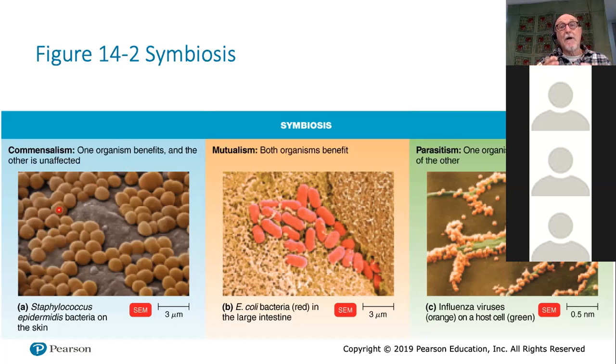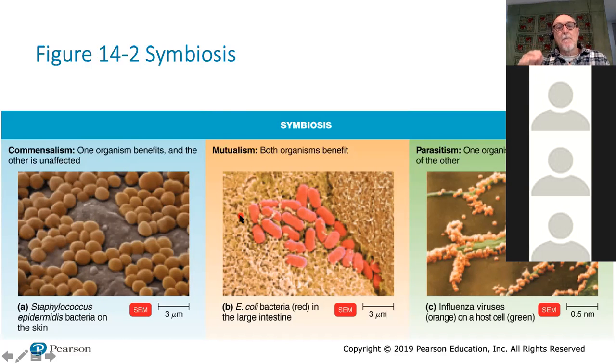The whole microbiota confers tremendous benefit to us. Individual members of that microbiota, we may not be able to see a particular benefit to us of their being there. They benefit from us, but we are unaffected by their presence. That is the typical commensalism. A good example would be the staphylococci that we have on our skin.